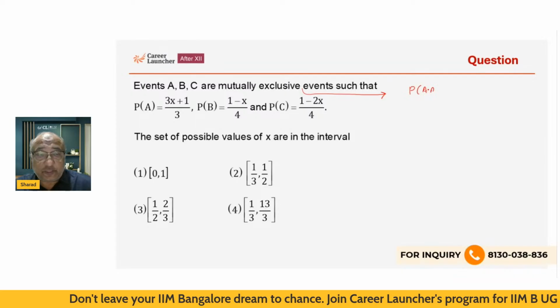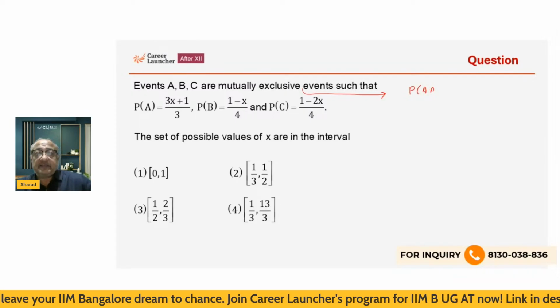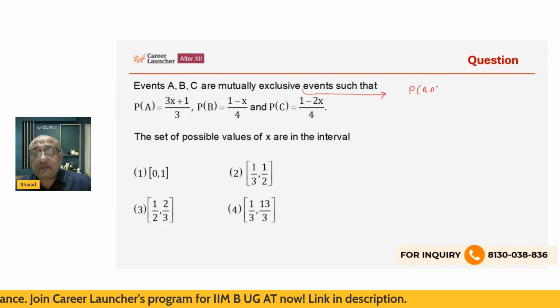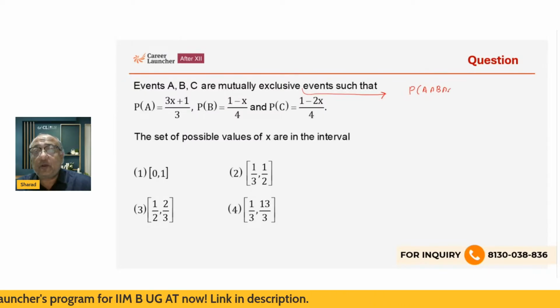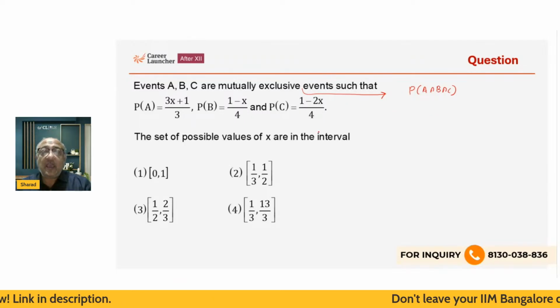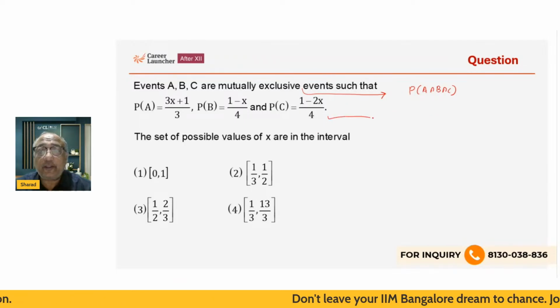Now the question is, what is the set of values which are possible in this case? Probability of A intersection B intersection C, and this is written over here.